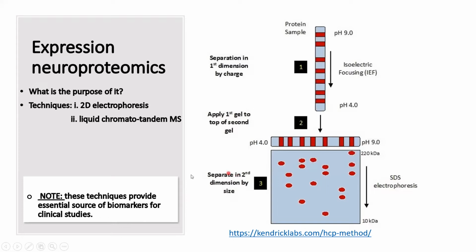So before going to liquid chromatography tandem mass spectrometry, let's mention a note here. These technologies have defined an atlas of the human CSF, cerebrospinal fluid, proteome, which provides an essential source of biomarkers for clinical studies and diagnosis.